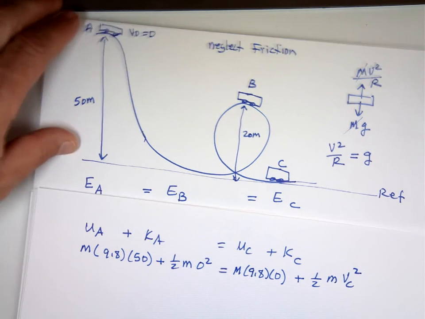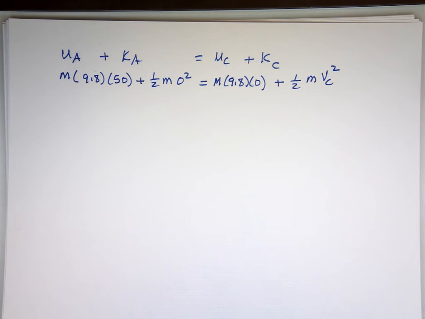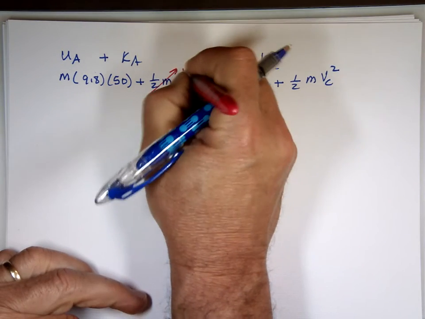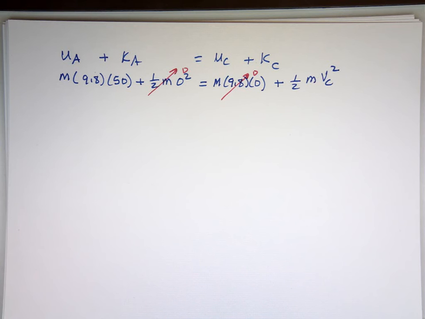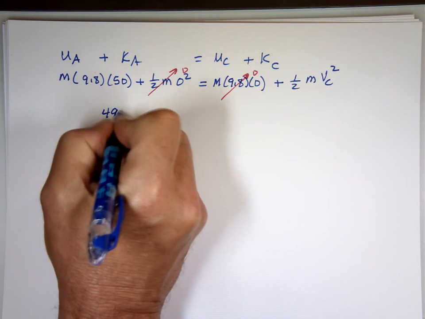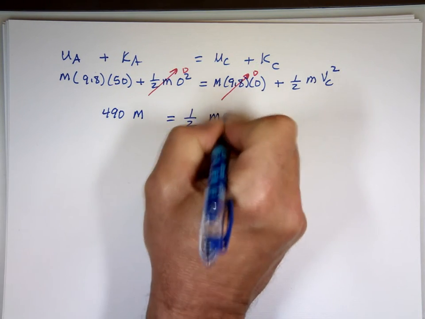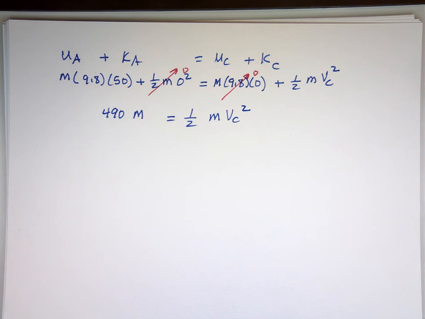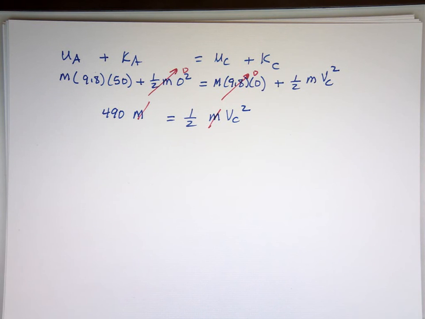So now I can tell you how fast the roller coaster will be when you actually hit the bottom there. At that 20-meter height, it was going 55 or 54 miles per hour. Let's see how fast you're going when you hit the bottom. I can cancel the m's out. Multiply by 2 to get rid of the fraction.